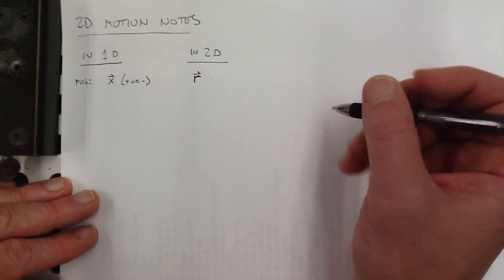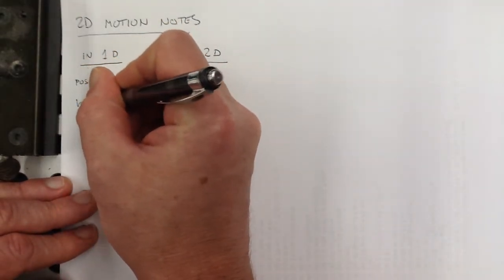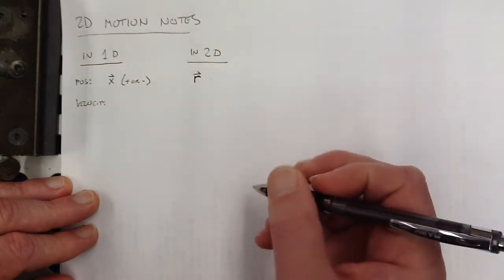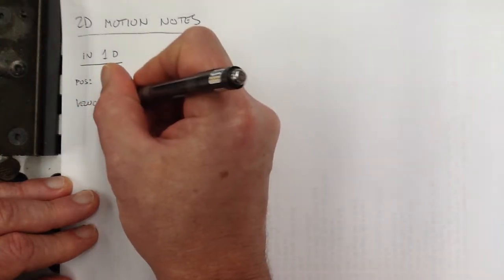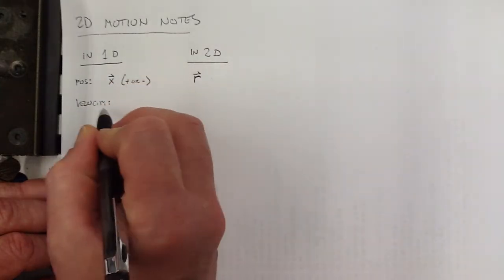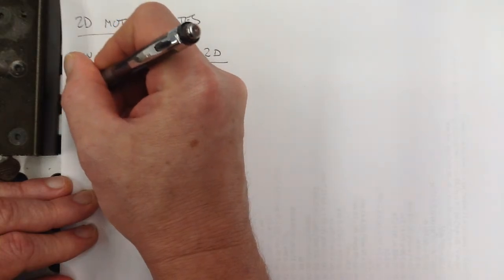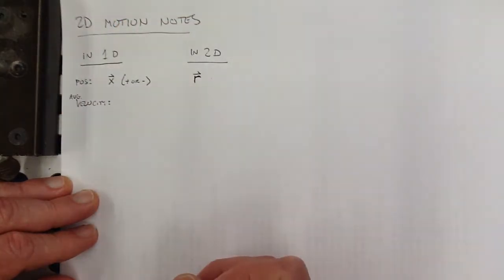How about velocity? Well, in 1 dimension, when we just say velocity, we mean, well, let's do this first, sorry. Let's do average velocity first.